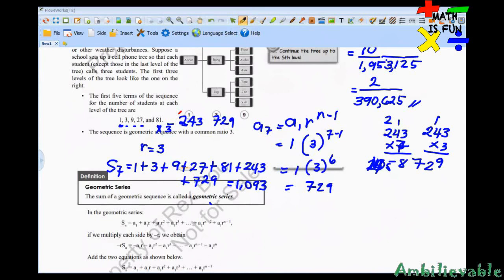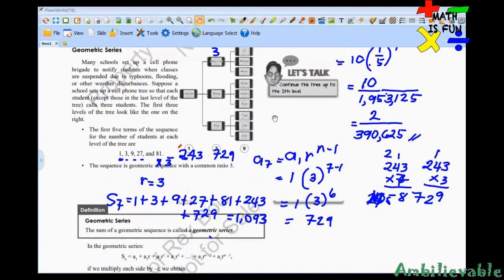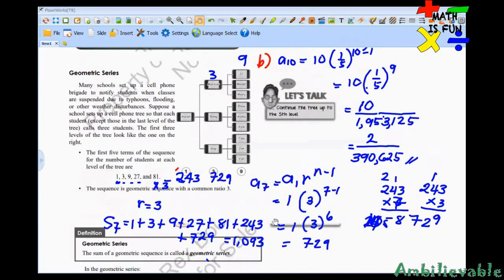Did you imagine that? Have you heard about pyramiding? It's like a pyramiding style where they pay money and then they will earn. That's why those who are at the top will actually be earning a lot. Imagine from the person on the seventh level, there are 729 people who will be paying.